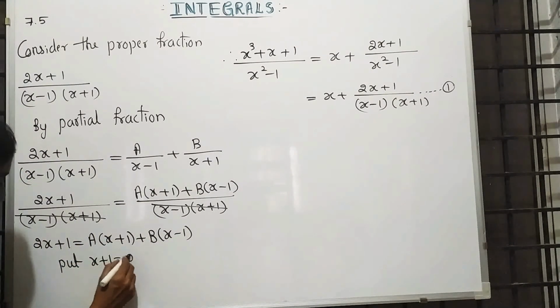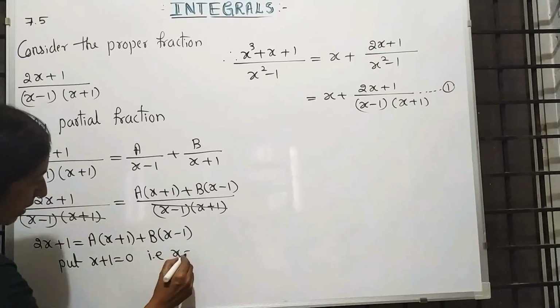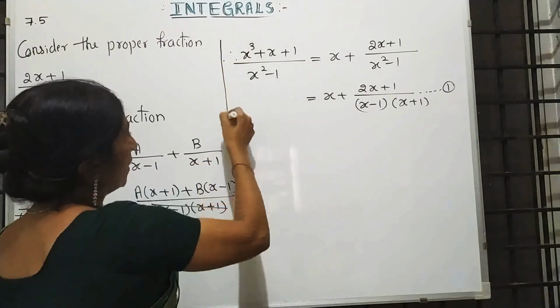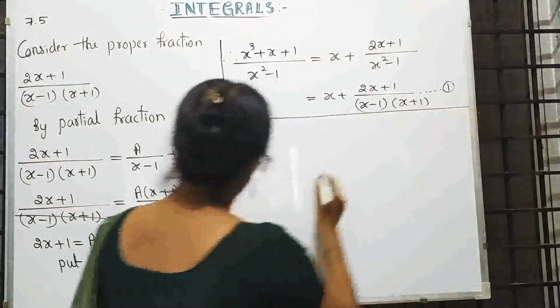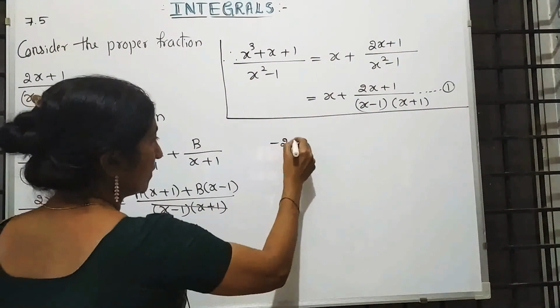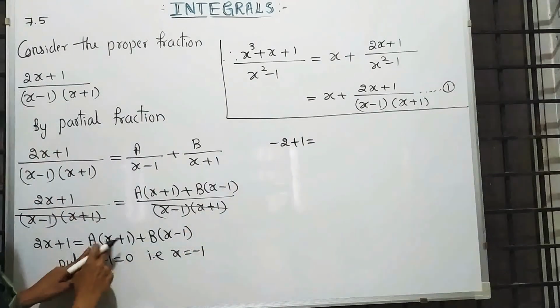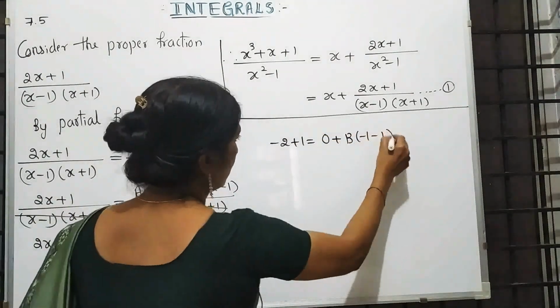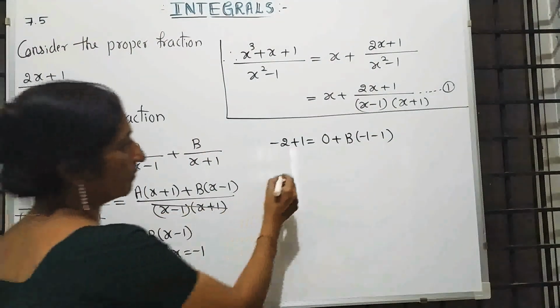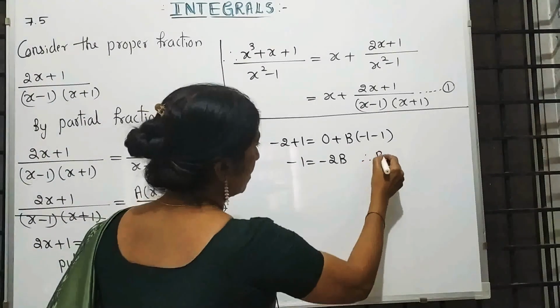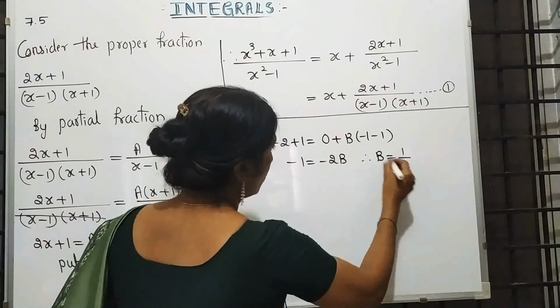Put x plus 1 is equal to 0, that is x is equal to minus 1 on both left as well as right. See, this I kept as it is. Here it is minus 2 plus 1, and A becomes 0, minus 1 plus 1. B is minus 1 minus 1. Minus 1 is equal to minus 2B. Therefore, B is equal to 1 by 2.